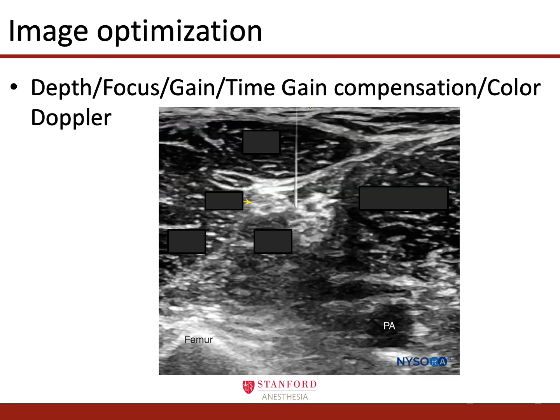In this popliteal nerve block image, we can see a good combination of all the different elements. The target nerves are in the middle of the screen. There is good screen brightness. It's not too bright, it's not too dark, and because of that, we can see a good delineation of each nerve bundle.